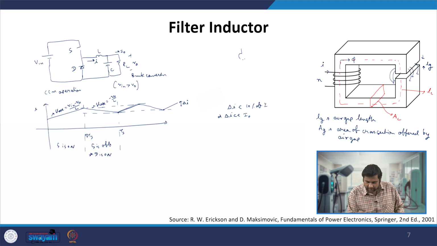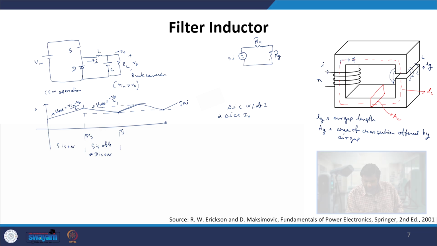Before that, let us also draw one simple thing. For this one, our magnetic circuit model will look like this: we have Ni, we have Rc, and we have Rg, the reluctance due to the air gap. This is our magnetic circuit model, where the MMF Ni is imposed on the series connection of the reluctance offered by the core and the reluctance offered by the air gap.